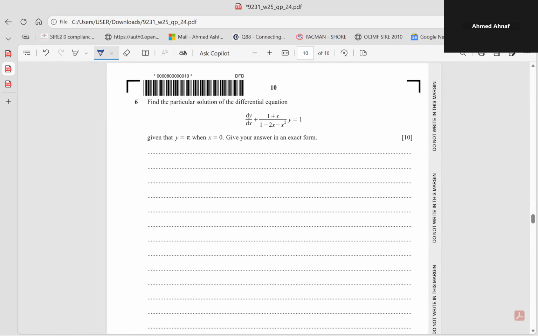Okay, so for this question, we are told to find the particular solution for this first order DE. We're also given the initial condition that when y equals pi, x equals 0, and we're supposed to give our answer in an exact form. The coefficient of dy/dx is 1, so we can immediately move on to finding the integrating factor.